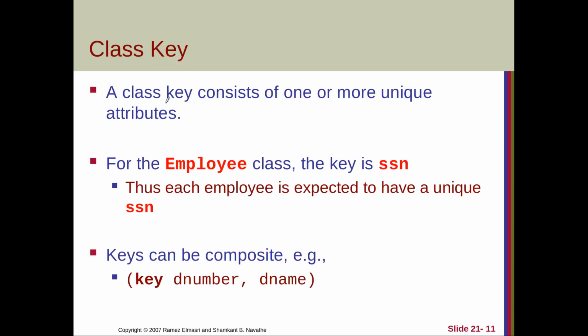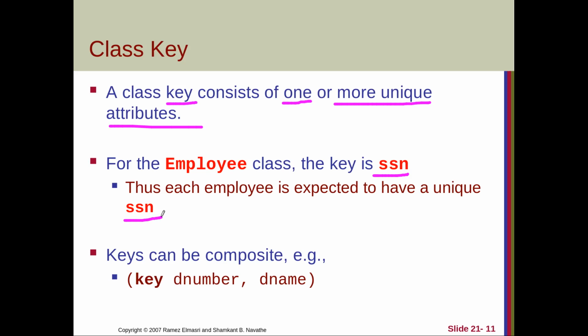Similarly, a class will have a key which consists of one or more unique attributes. In our example, we had only SSN as the key attribute. So in employee we have SSN as the key attribute, which should have a unique value. That is like a primary key.